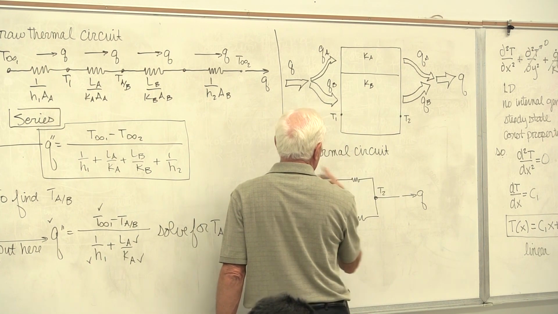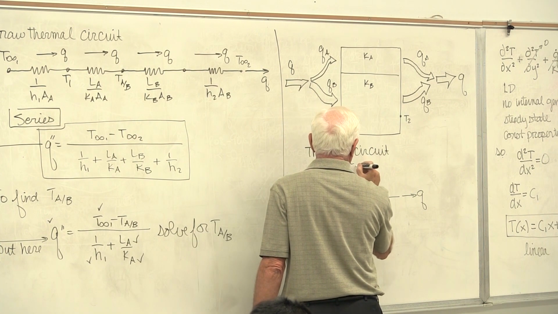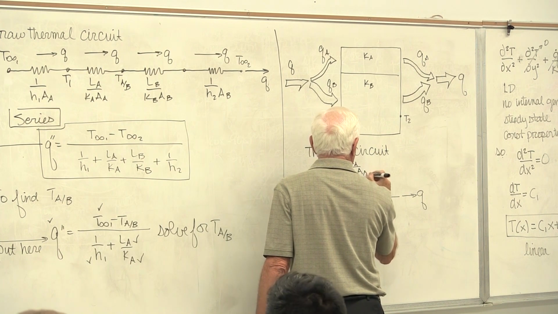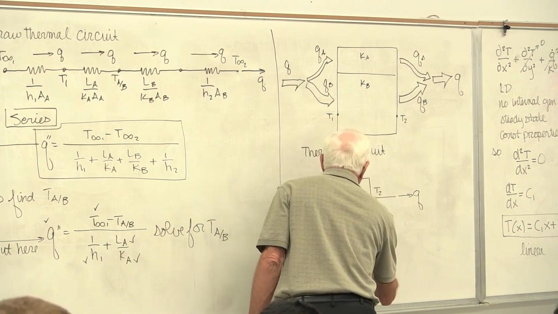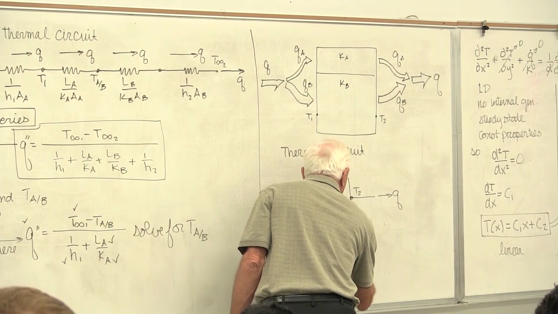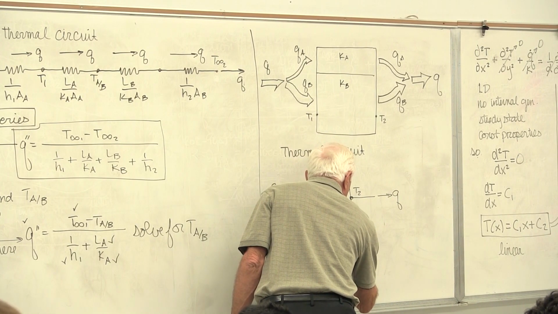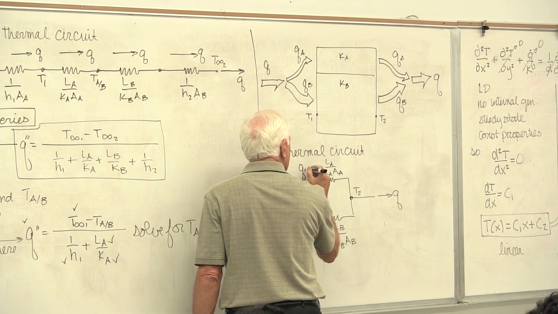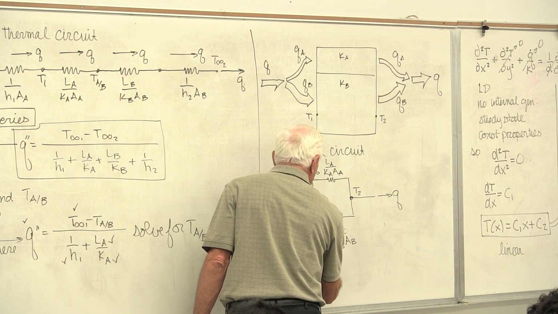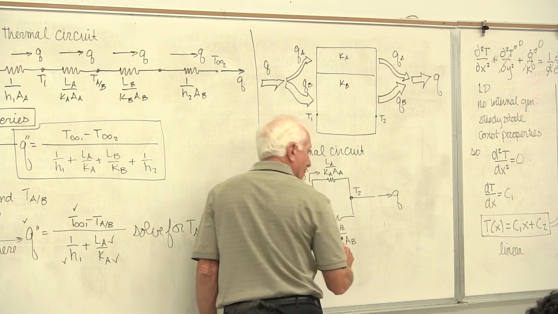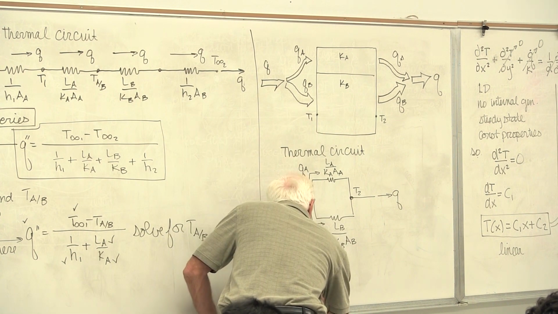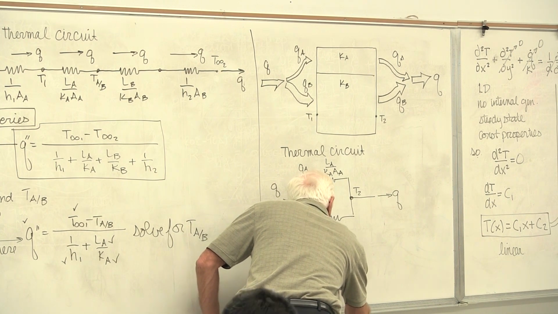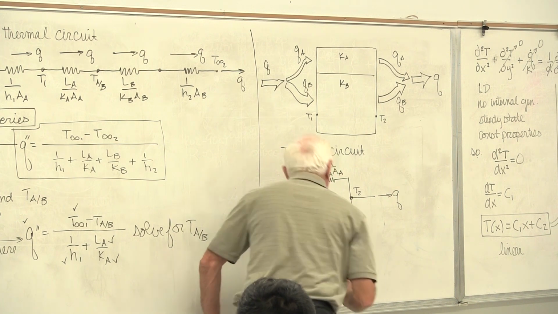Let's leave it this way. LA over KA, area of A. Down here, LB over KB, area of B. This now becomes the heat flow through material A. This is the heat flow through material B. And of course we know that the total heat flow equals the heat flow going through material A plus the heat flow going through material B.